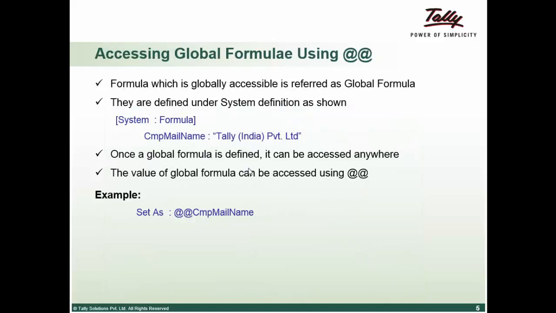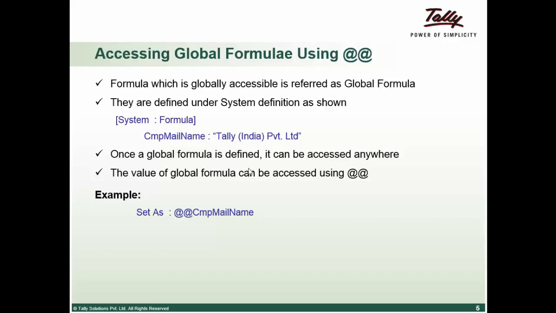Then we have the global formula, that is using the double @. A global formula is the one which is defined at the system level and is available across all the definitions. So it can be accessed by any definition, and hence it has to be defined under a system definition.